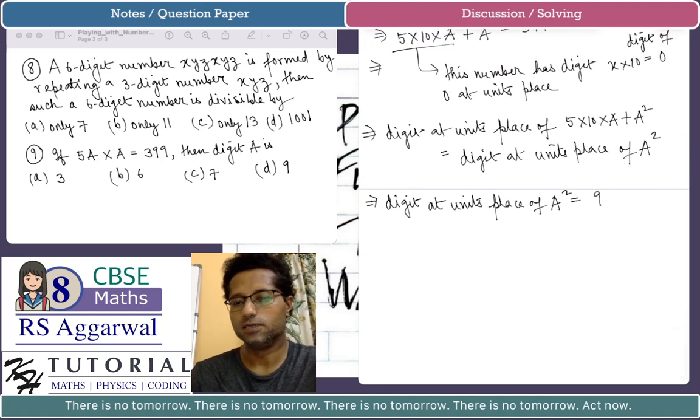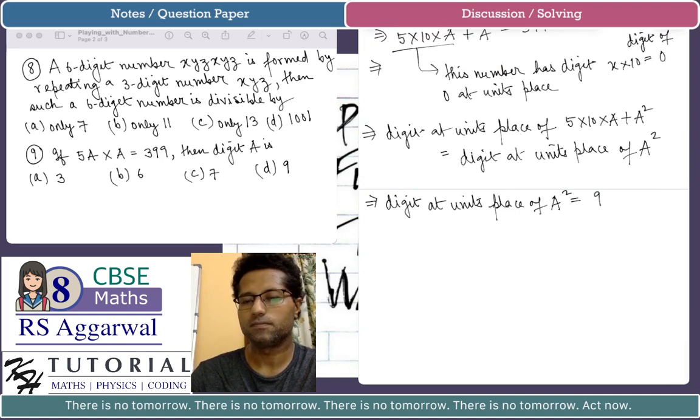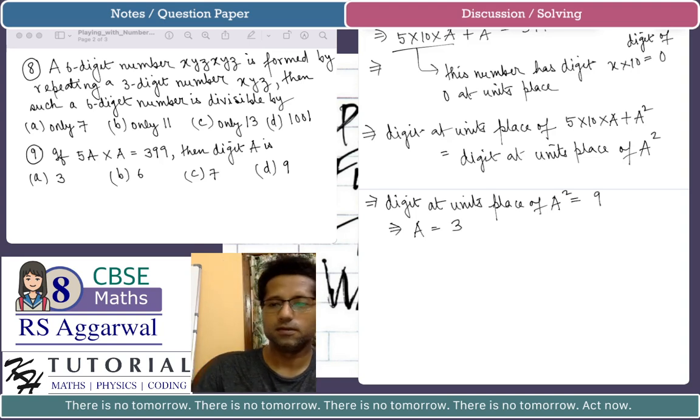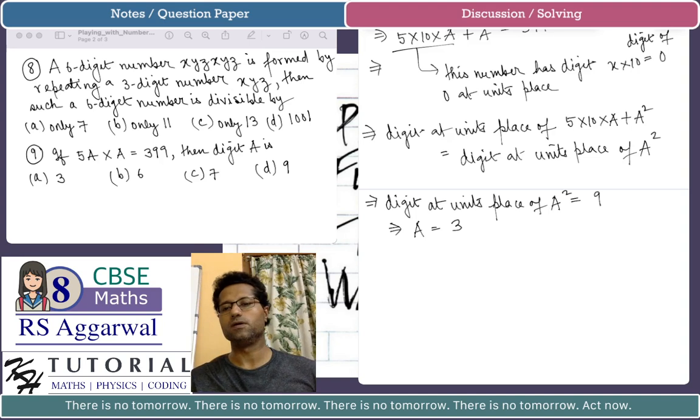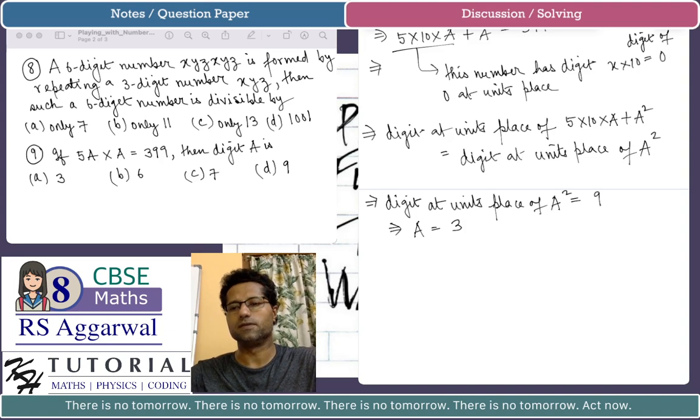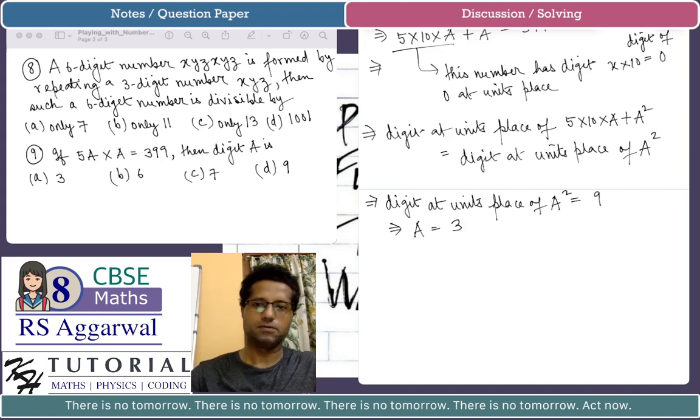Now what can the digit a be such that that digit multiplied by itself gives 9? That happens when a is equal to 3. Okay, but if a is 7, then 7 multiplied by 7 is 49.